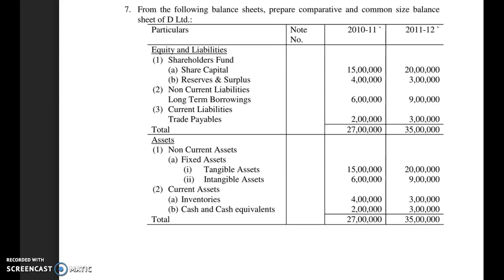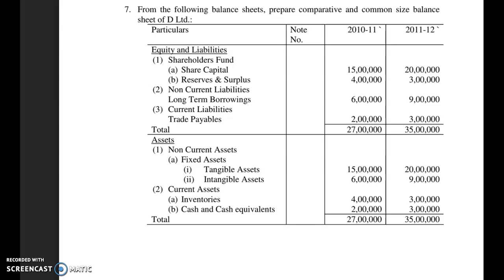So here, we will learn how to prepare the comparative balance sheet and the comparative statement of profit and loss, and certain effective conclusions can be drawn on the basis of this comparison.